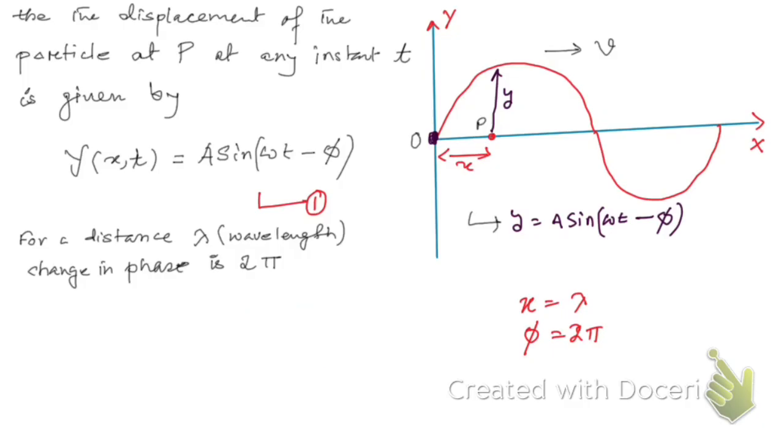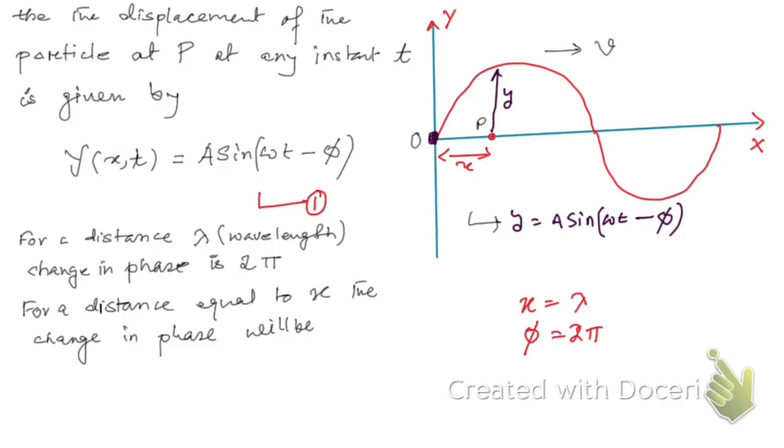Hope you have understood this. So we can say that for a distance equal to x, the change in phase will be 2 pi by lambda into x.